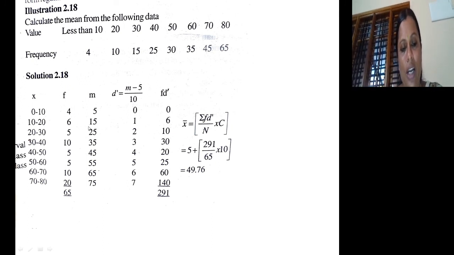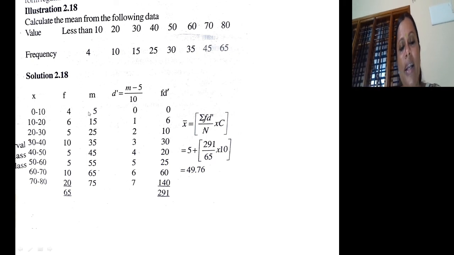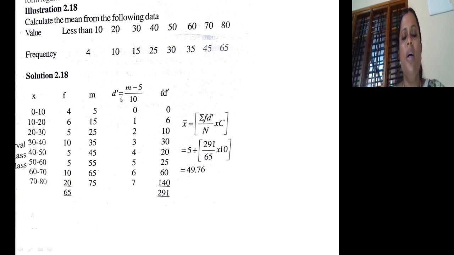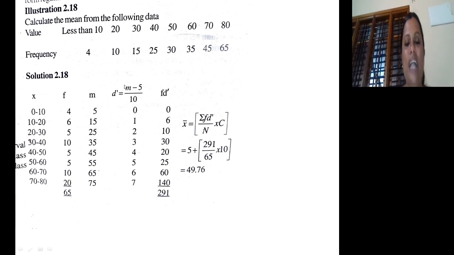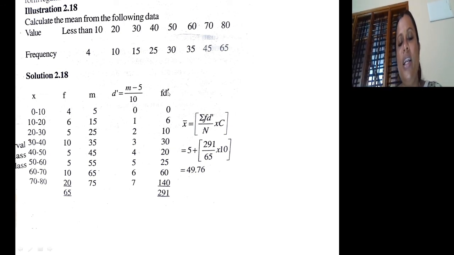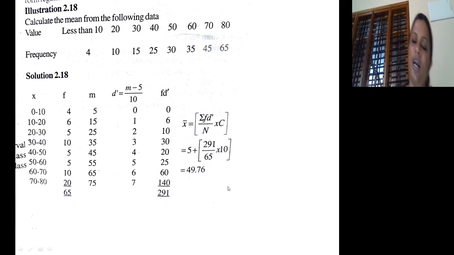First we calculate m, the midpoint. Then take the lowest value of m as the assumed mean, a. Then calculate d, where d is equal to m minus a. Then d dash is m minus a divided by class width. Then f d dash: f must be multiplied with d dash. Then applying the formula, we arrive at the answer 49.76.